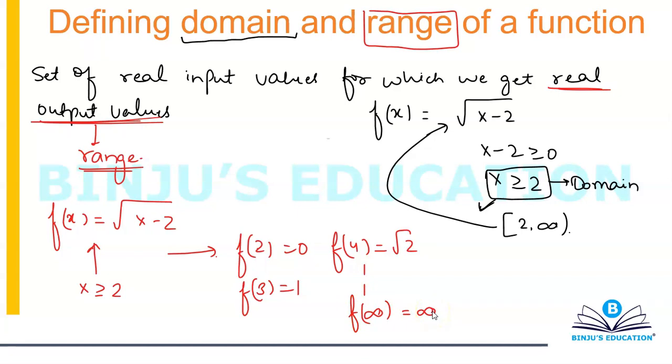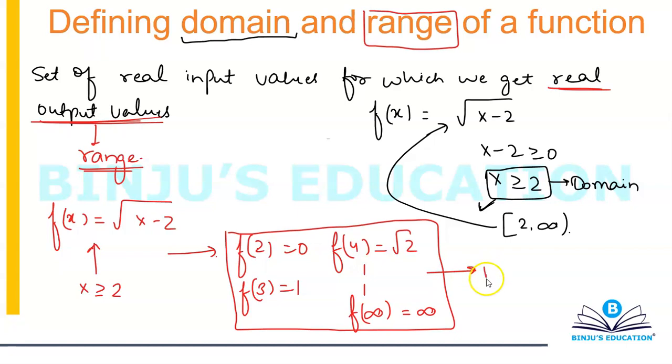So for every corresponding value of x, you're getting a corresponding output value. Now all these corresponding output values are basically known as your range.